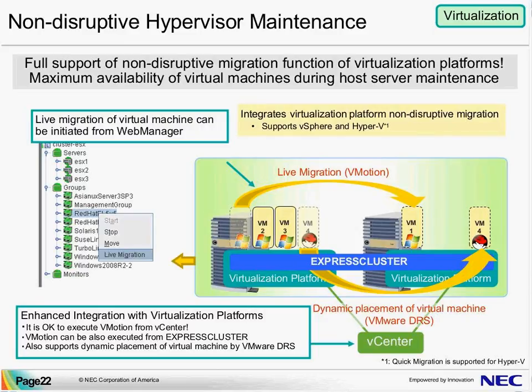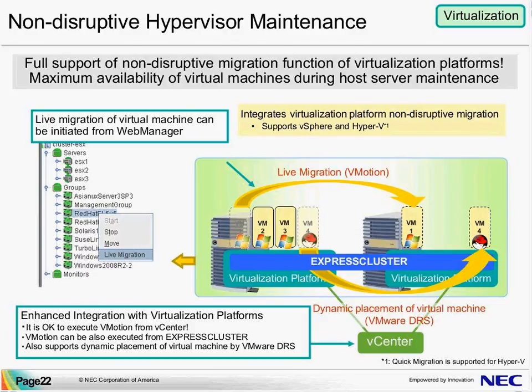And the next one, ExpressCluster Release 3 also implements a greater level of integration with virtualization platform management tools. So it's specifically for VMware. It now has greater integration with the vCenter management system that comes with the VMware Hypervisor environment.